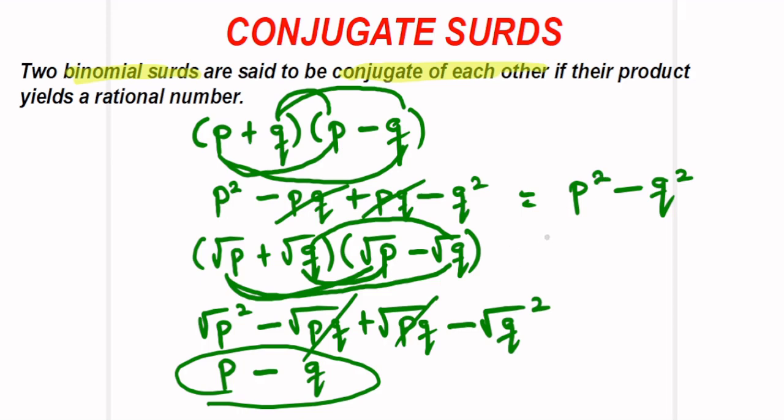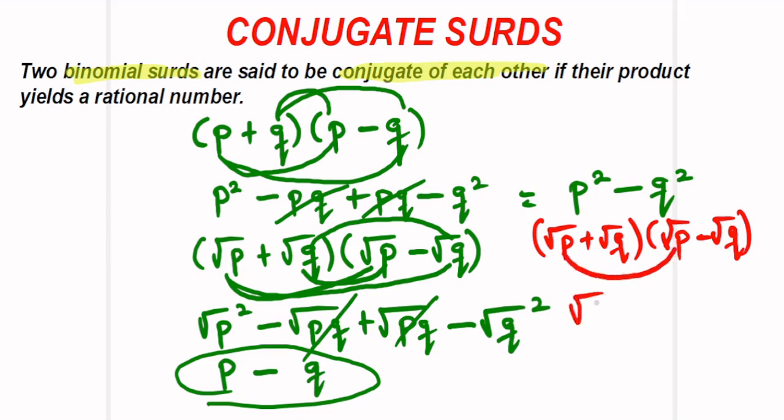That's saying if we have root p plus root q, and root p minus root q, you can just pick this times this, which is root p square, and then this times this, minus root q square. Easy.